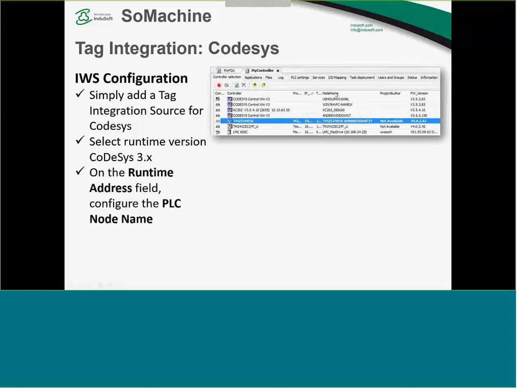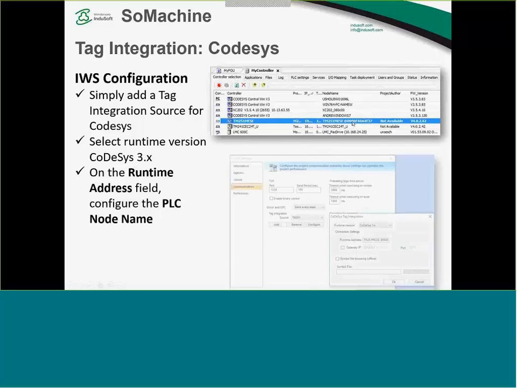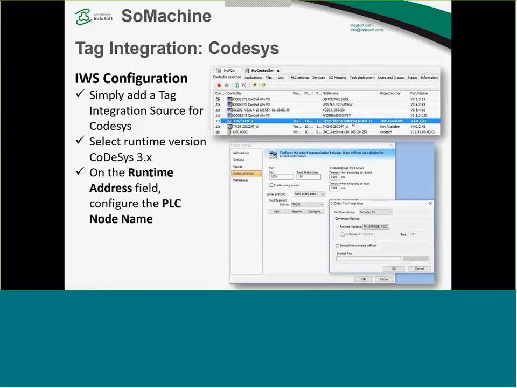But the most important thing here is the node name. Here I have selected this TM251 MESC, etc. That's the name that you're going to enter as the runtime name on InduSoft Web Studio tag integration. So here is a window to configure the Codesys tag integration.